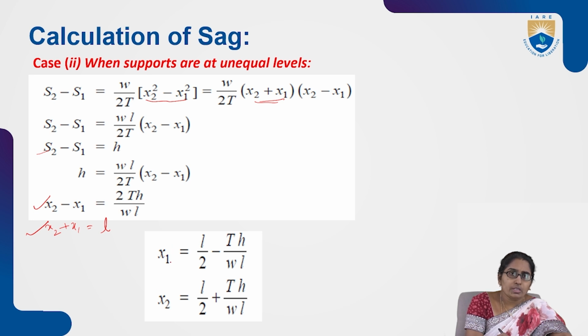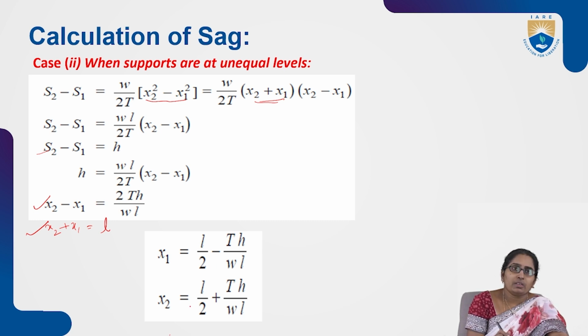So, using given data to calculate sag when supports are at unequal heights: suppose they ask you to calculate sag. The lower level sag is S1, the higher level sag is S2, right? The expressions involve x1 and x2. So x1 is calculated like this using the given data: the length of the span, tension, height h, w, the weight per unit length of the conductor, and small l.